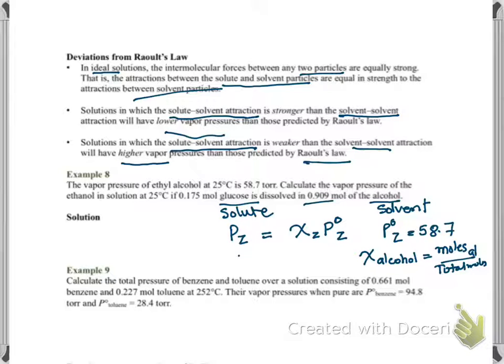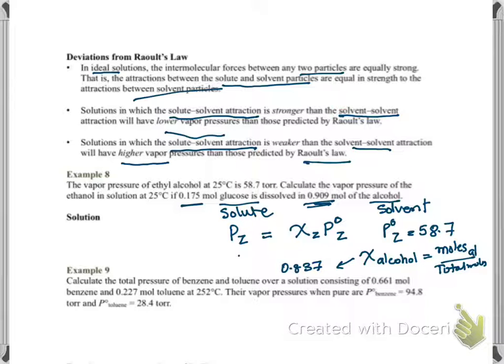I'm given moles of alcohol, and by adding these two numbers, I can find out the total moles. And if you're going to calculate the mole fraction, when you divide 0.909 by the total, your total is 1.084, so it should come out 0.837.